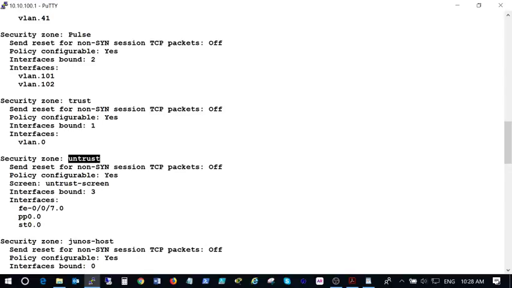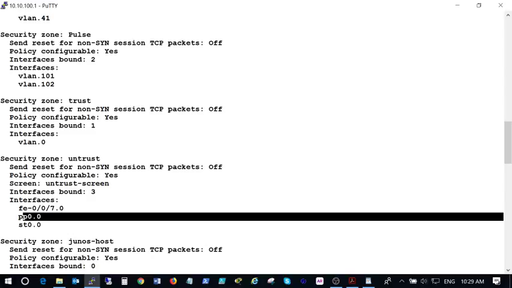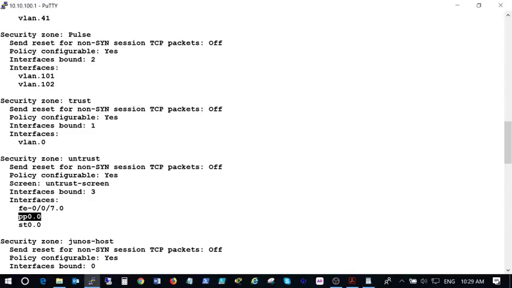What do you think that zone might be for, and what is the purpose of this interface, pp0.0? What is that doing, do you think?